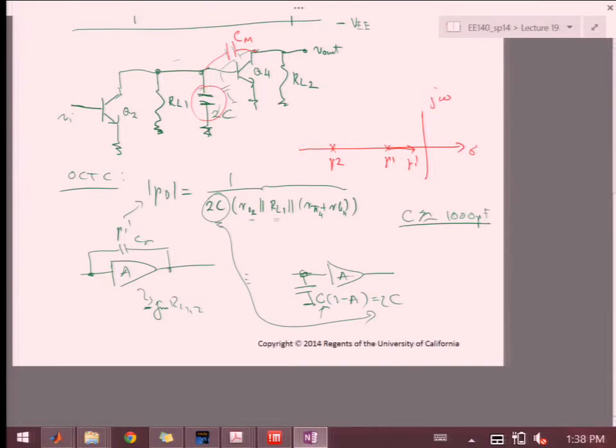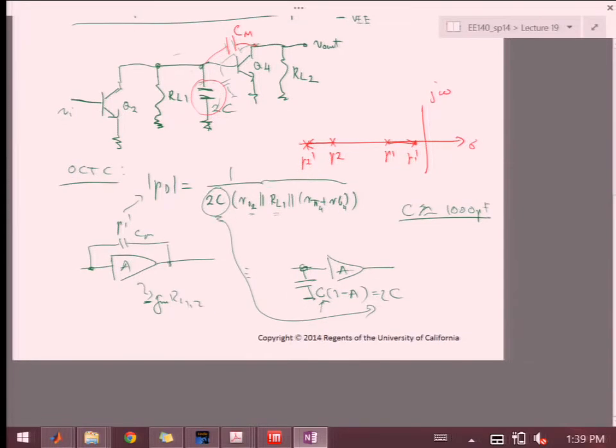We wanted to move P1 to be a smaller magnitude pole, right, to P1 prime. But by the same token, P2 moves to P2 prime, because this C sort of couples the two poles together. Previously, if you put just 2C, you're isolating this additional cap to affect only one pole. But if you put it across, you're affecting both. We'll do this in a minute in a more detailed derivation, but in a nutshell, that's the side benefit.